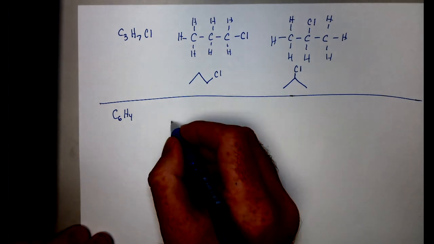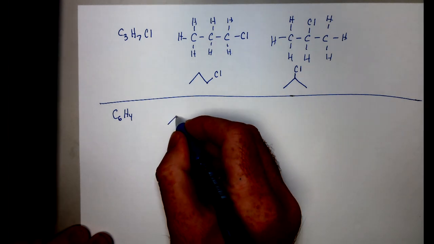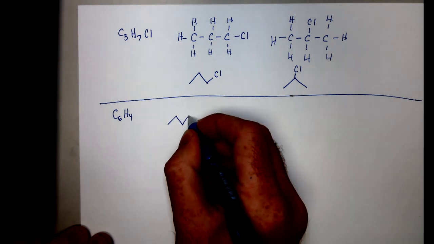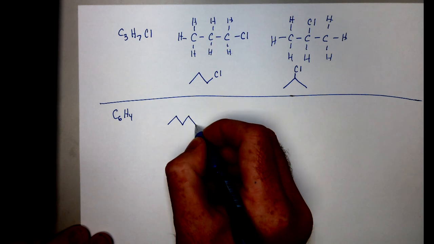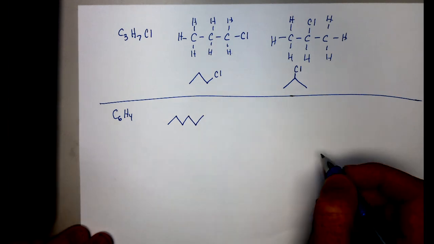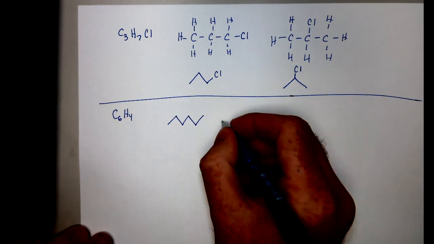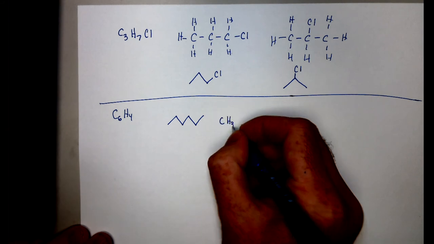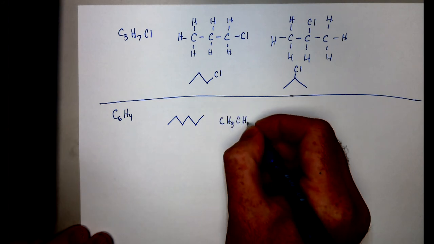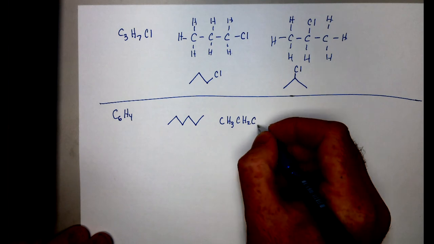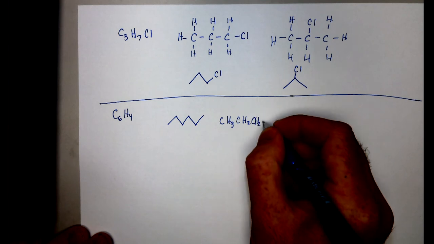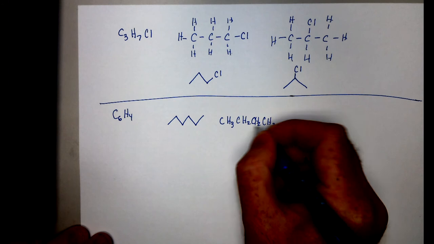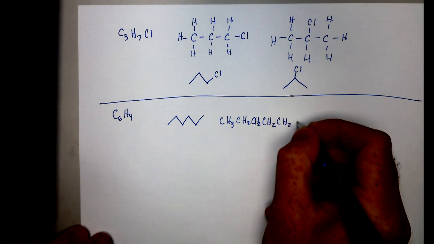So our basic structure would be 1, 2, 3, 4, 5, 6, right? Or we would say CH3, then you've got CH2 4 times, and CH3.